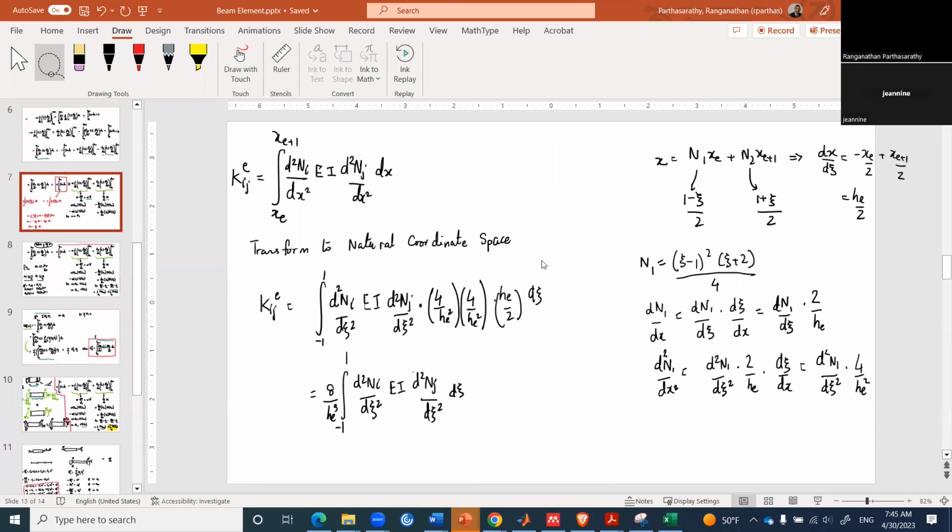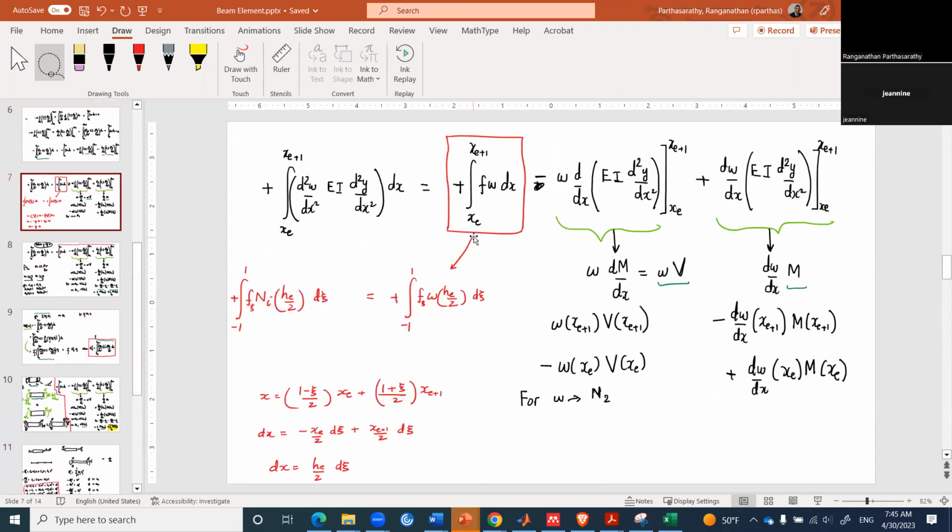That term we shifted to natural coordinate space. So the integral was from x_e to x_e plus 1. We changed the variable of integration from x to psi, right? Then we know x of psi is equal to (1 minus psi)/2 times x_e plus (1 plus psi)/2 times x_e plus 1. So dx is h_e/2 d psi.